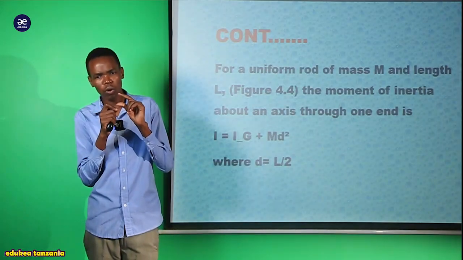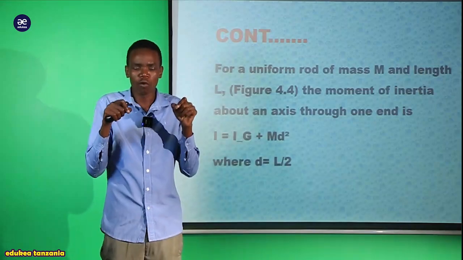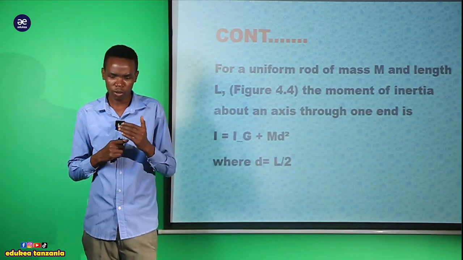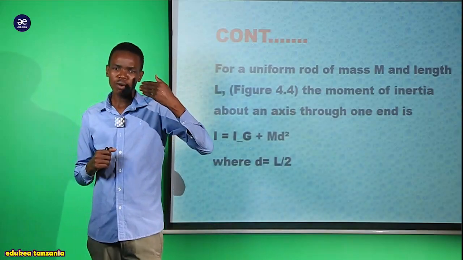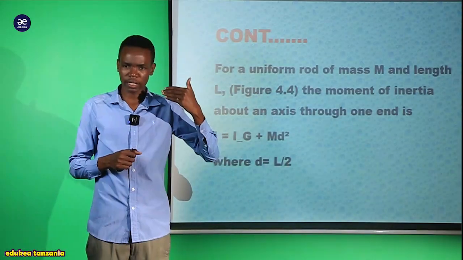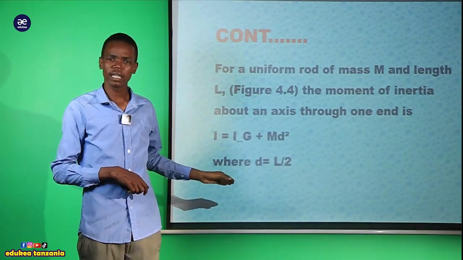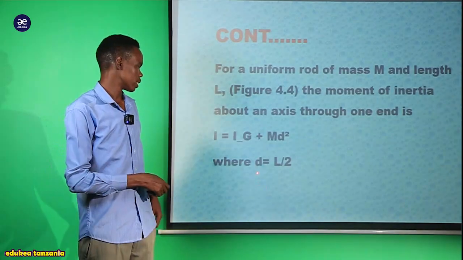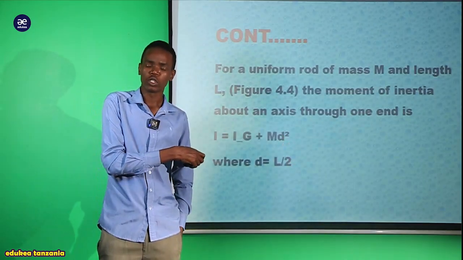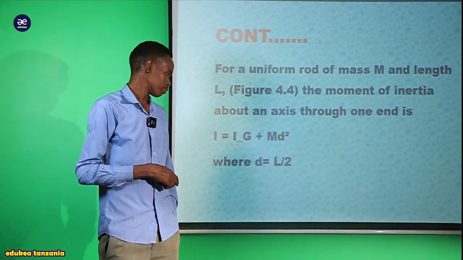We are supposed to know how to get the moment of inertia through the center for the uniform rod. If the uniform rod rotates about one end, its distance must equal L divided by 2. So instead of writing d, we should represent it as L divided by 2.